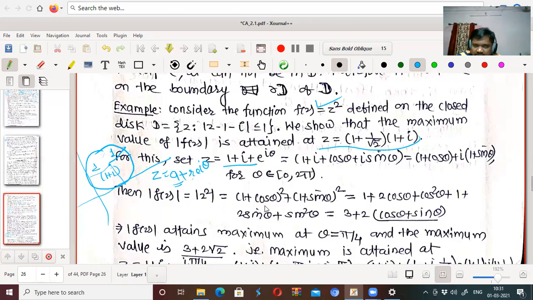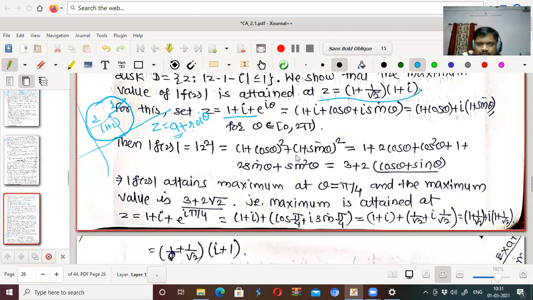Only (1 plus cos theta) square plus (1 plus sin theta) square, which is equal to 1 plus 2 cos theta plus cos square theta, 1 plus 2 sin theta plus sin square theta. Right? So 1 plus 1 we get 2, 2 cos theta plus 2 sin theta, 2 into cos theta plus sin theta, and cos square theta plus sin square theta is again 1. So 1 plus 1 plus 1 we get 3 plus 2 times (cos theta plus sin theta).